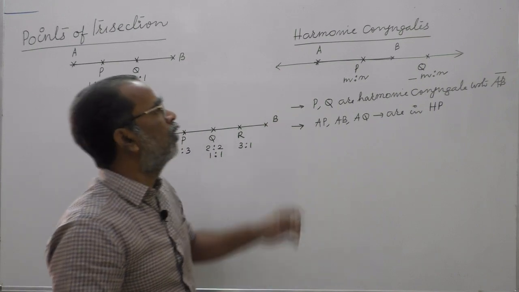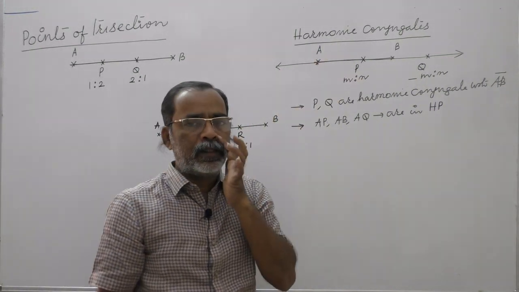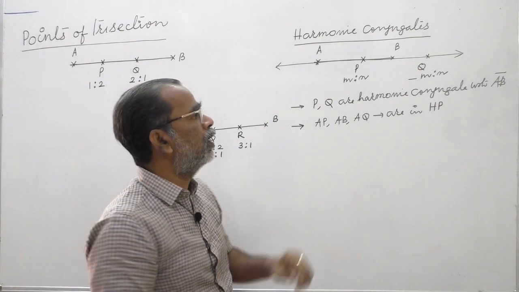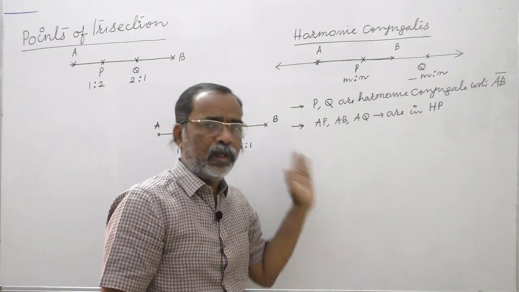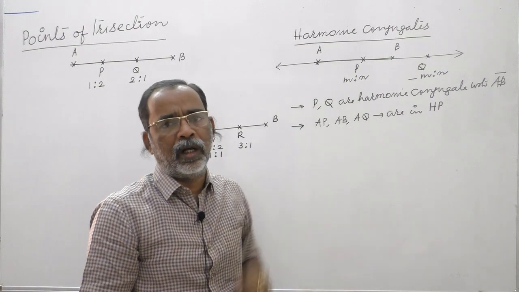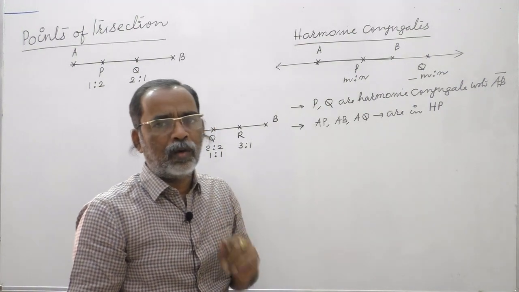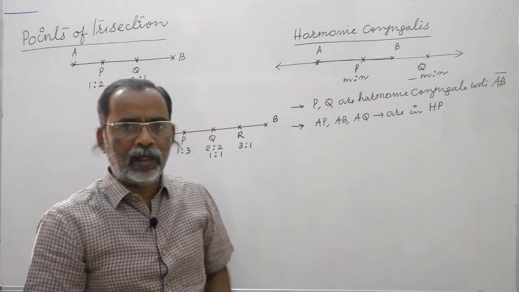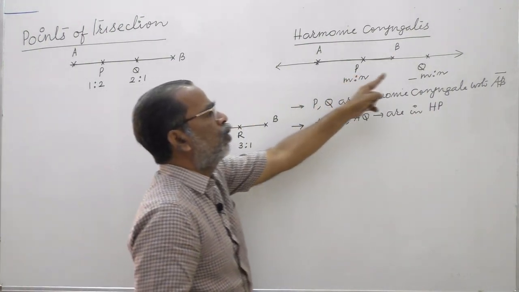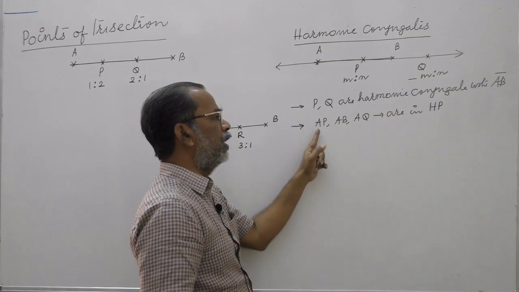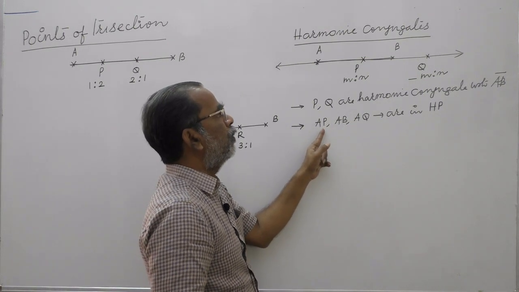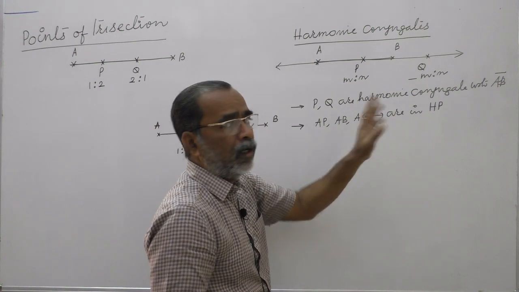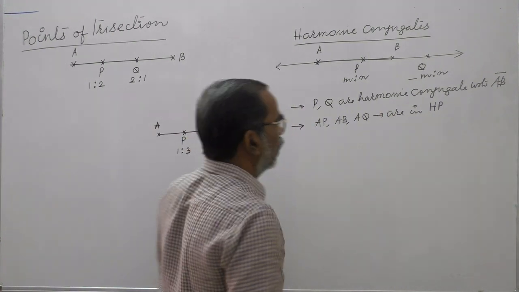Okay, once again, what are harmonic conjugates? The points which divide a given line segment in the same ratio internally and externally are called harmonic conjugates with respect to the line segment AB. If P, Q are harmonic conjugates, then the lengths AP, AB, AQ will be in harmonic progression.